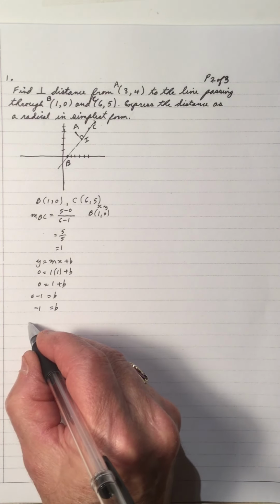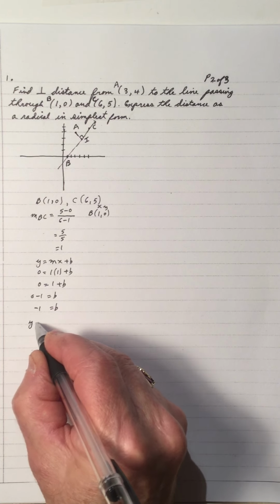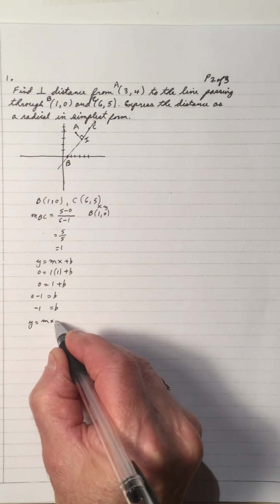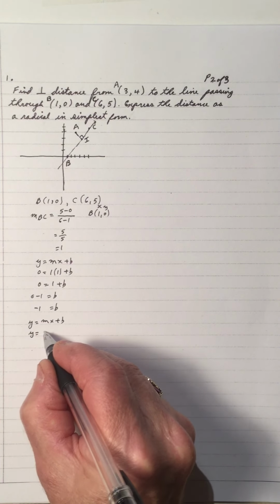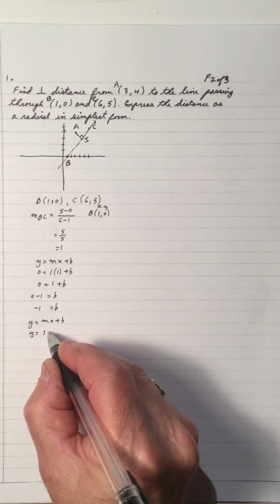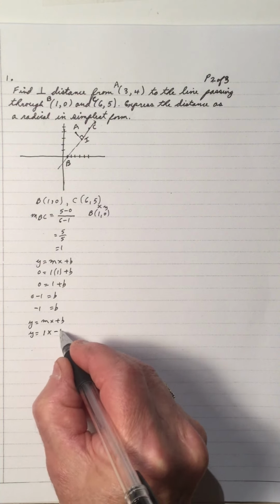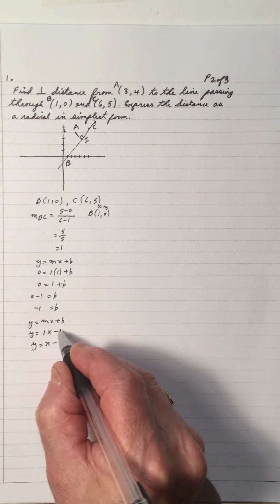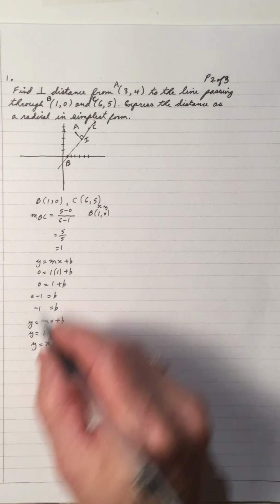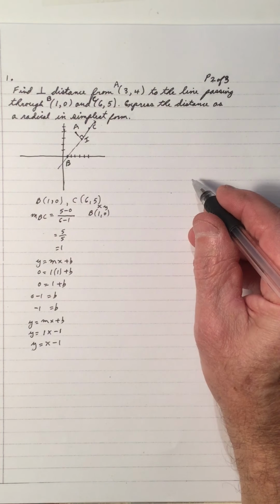So the equation of BC is y equals mx plus b, where m is 1 and b is negative 1. So the equation is y equals x minus 1. That's the equation of the line BC.